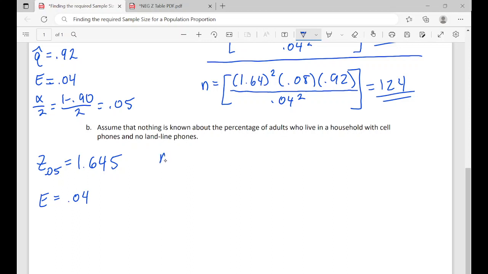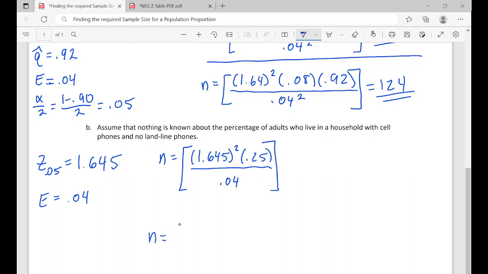So here, n is going to equal, and I'll do both just to show, 1.645 squared times 0.25 over 0.04 squared, and n equals 1.64 squared times 0.25 over 0.04 squared. Oh, there's a square here. Almost forgot it.